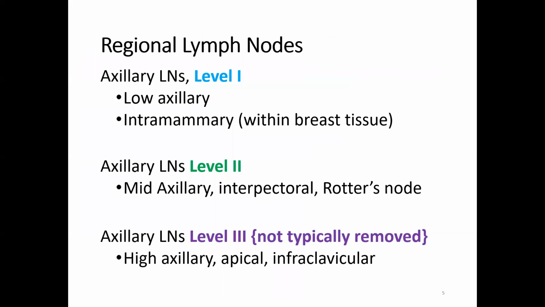The TNM manual does an excellent job of sorting through the regional lymph nodes and shows a nice diagram. Involvement of level 1 or level 2 nodes is assigned to AJCC N1 or N2 clinically or pathologically. Involvement of level 3 nodes is assigned to AJCC N3, and this is defined as mets in ipsilateral infraclavicular or level 3 nodes.